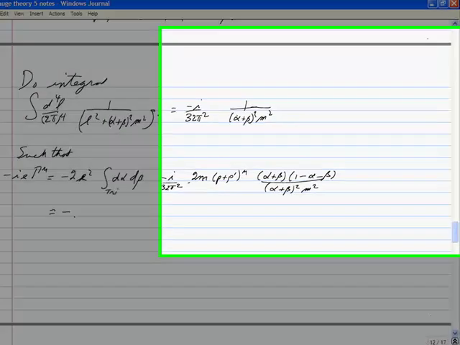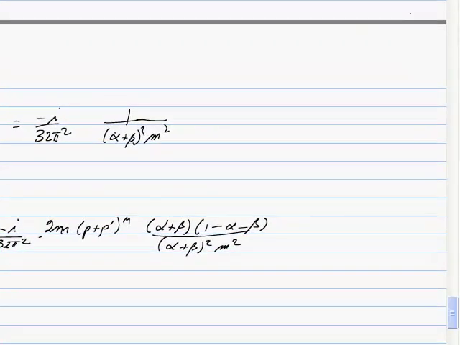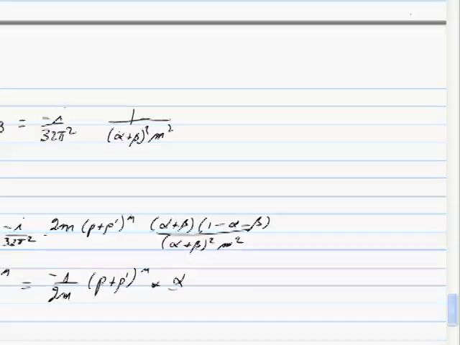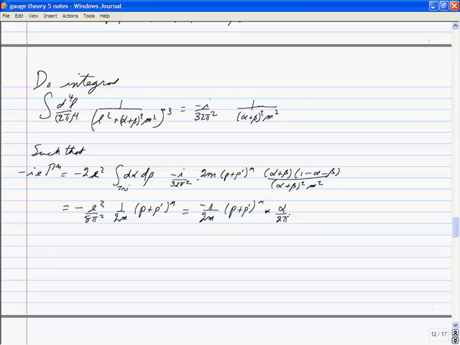So I get a half out of that. I get e squared over 8 pi squared, 1 over 2m (p plus p prime) mu, which, if I write it, is minus 1 over 2m (p plus p prime) mu times alpha over 2 pi.